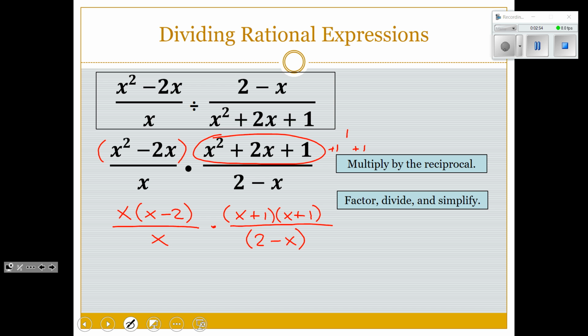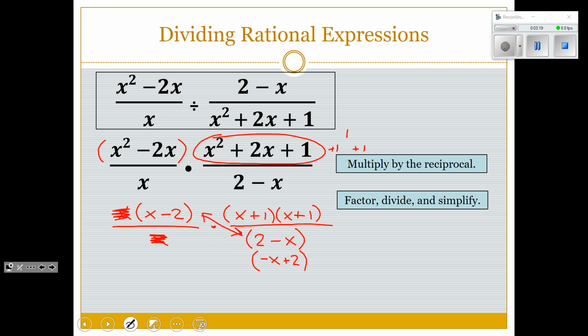Now if we look for things to cancel out, here we have an x and an x, so they're gone. Here we have something that we refer to as opposite binomials. One is x minus 2, the other is 2 minus x. If we were to rewrite the second one, we could rewrite it with the commutative property as negative x plus 2. Still have the negative sign in front of the x, still have a positive sign inside of the 2.